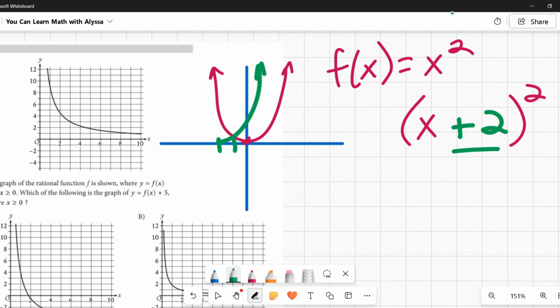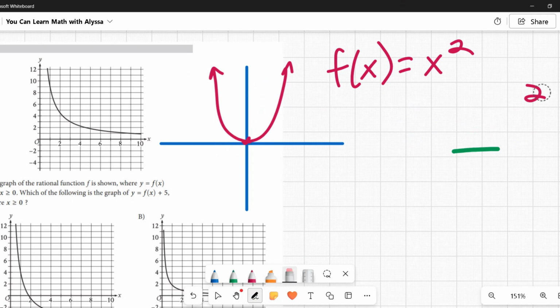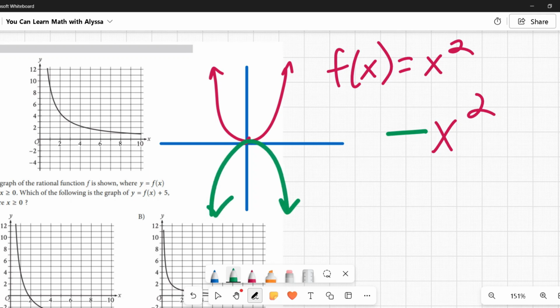The moving up and down is what they love the most inside the SAT. But the other common things you will see: if you have the x squared and you put a negative in front of it, that flips it upside down. The last one you'll see for these kinds of problems is a number in front of it.